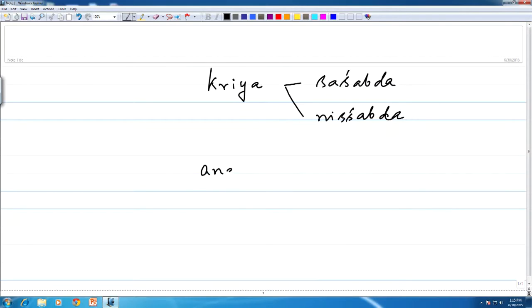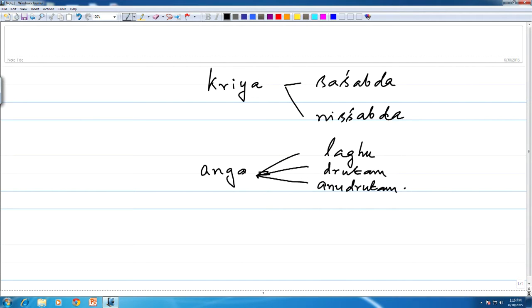Now let us talk of the Tala Angas. The Tala Angas or parts of a tala are, those that are actually used, Laghu, Dhrutam and Anudhrutam. Laghu is beating the hand and counting the fingers.